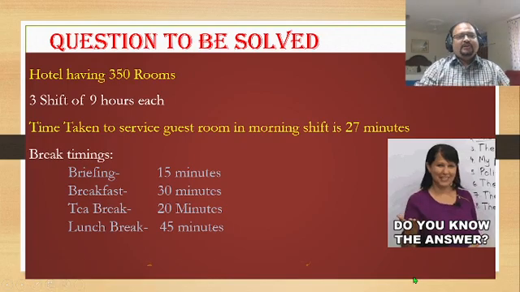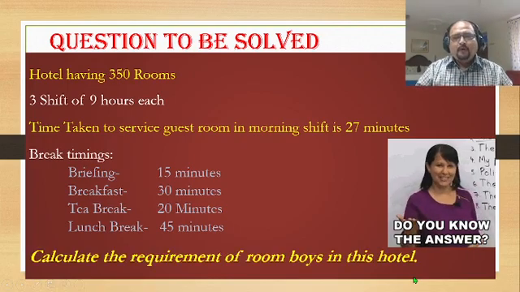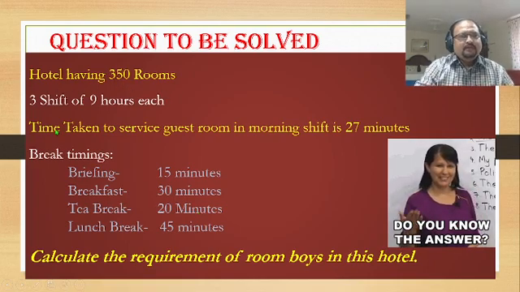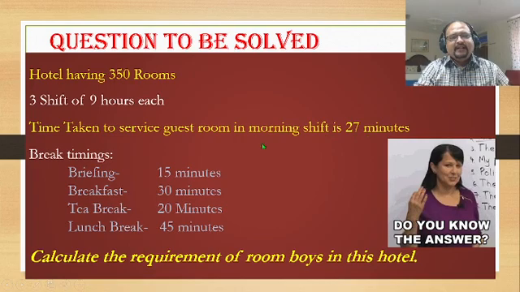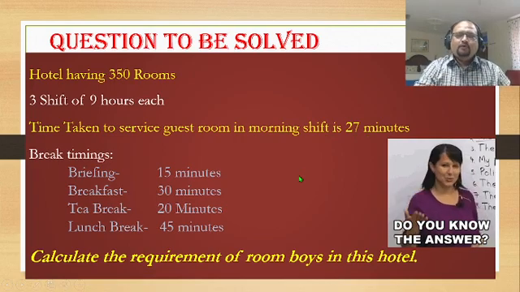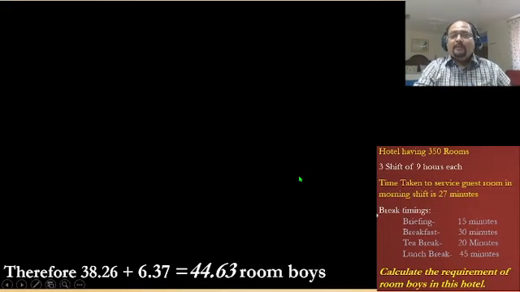So now we will calculate the requirement of room boys in this hotel, which has 350 rooms, a 9-hour shift, a time taken in this given condition of 27 minutes, and these are the break timings. So let us go to the solution and see it one by one.